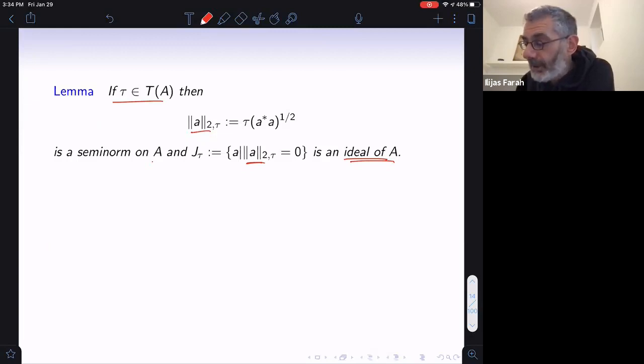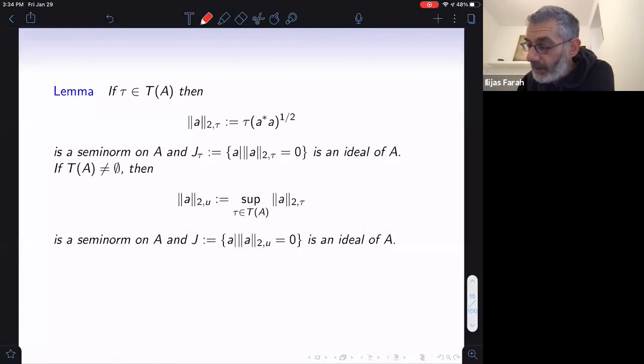Right, so if you have a tracial state and the algebra is simple, this J tau is going to be a trivial ideal. Now, if the tracial space of A is non-empty, then you can define this uniform tracial norm, where U stands for uniform, to be the supremum over all tracial states of this.